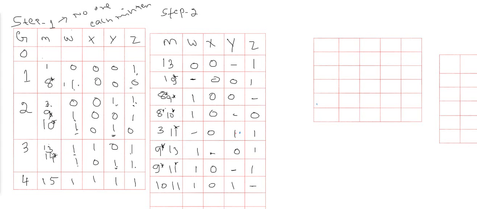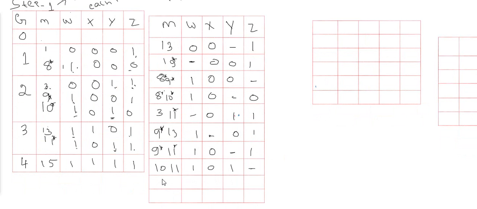Now we are moving on to the third grouping with the fourth one. When you compare with 13, 15 and 13 is possible. One thing you should always remember: any grouping in group 3 is always possible to compare with the grouping in group 4, because group 3 has three ones and group 4 has four ones, so in only one place it differs, so grouping is possible.